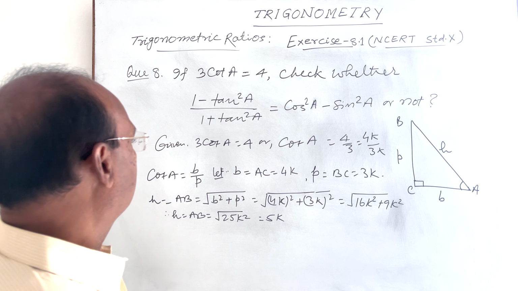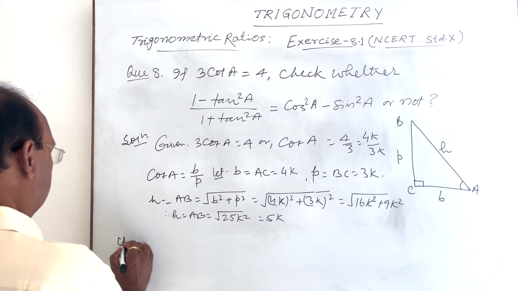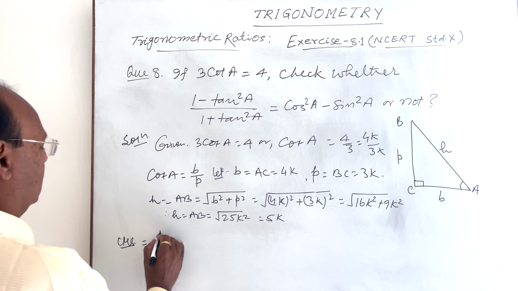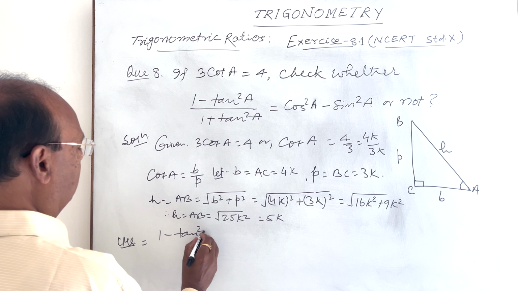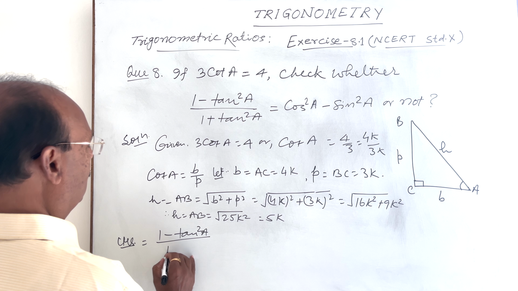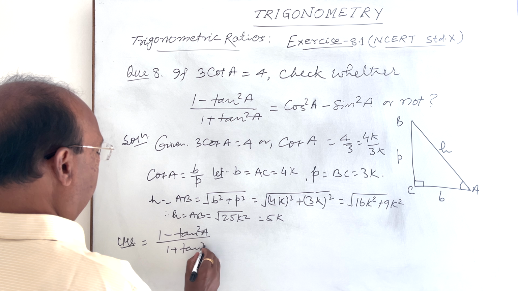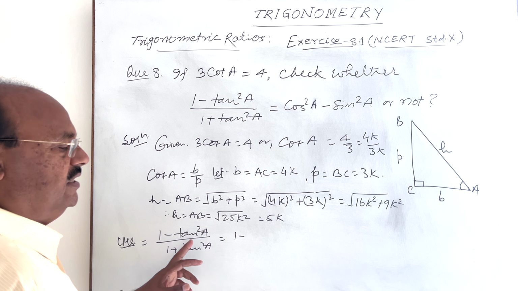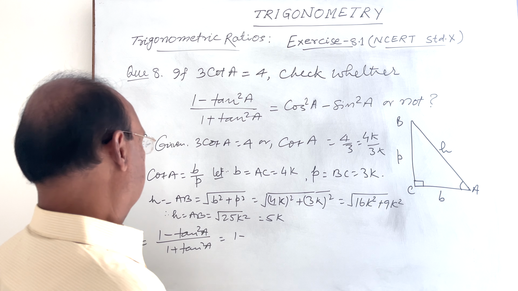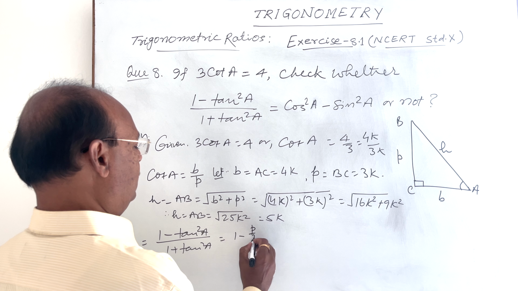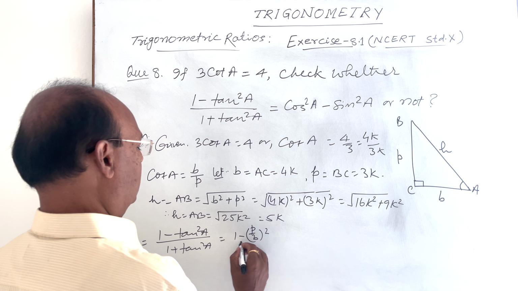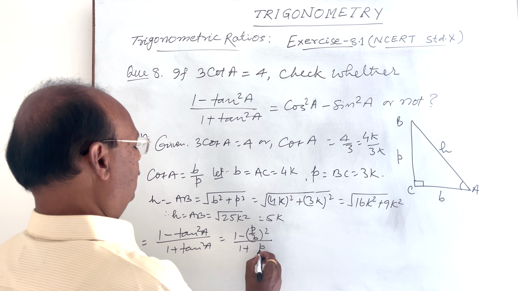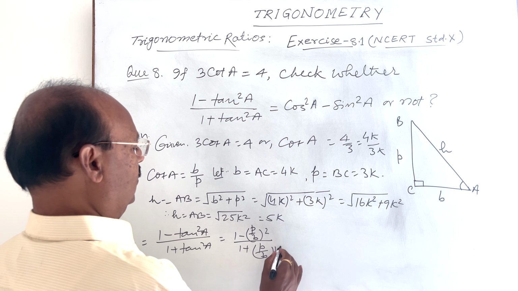So let us see here the left hand side. Left hand side is (1 minus tan square A) upon (1 plus tan square A). This is equal to 1 minus, tan is perpendicular by base, so this is (P by B) whole square, and 1 plus (P by B) whole square.